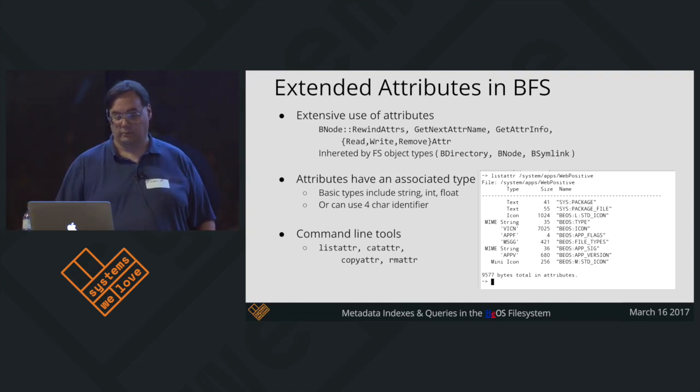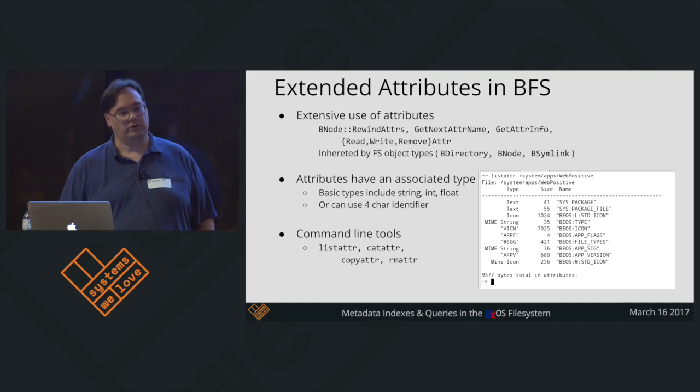And then there are also some 4-letter character signatures that identify special attributes that other things care about. In this case, it's identifying the information for the icons and application information that the Tracker, which is sort of the user interface, the Windows Explorer, the Finder equivalent for Haiku, uses.